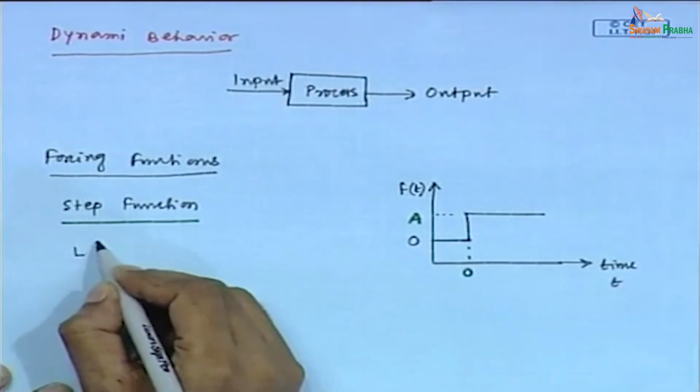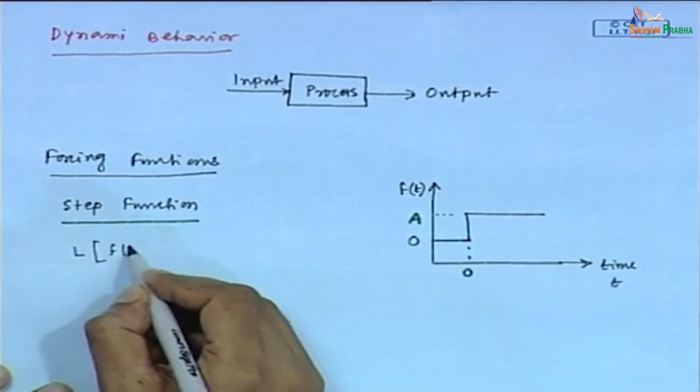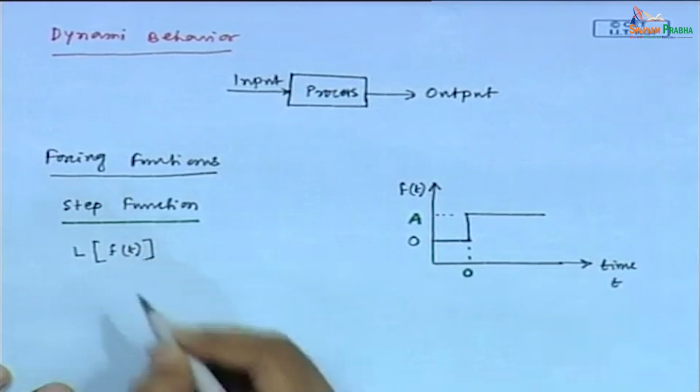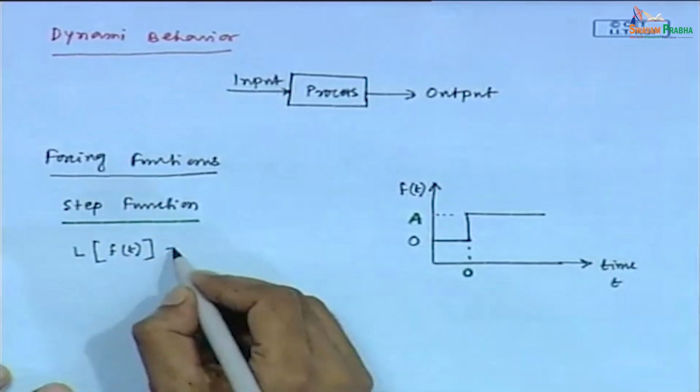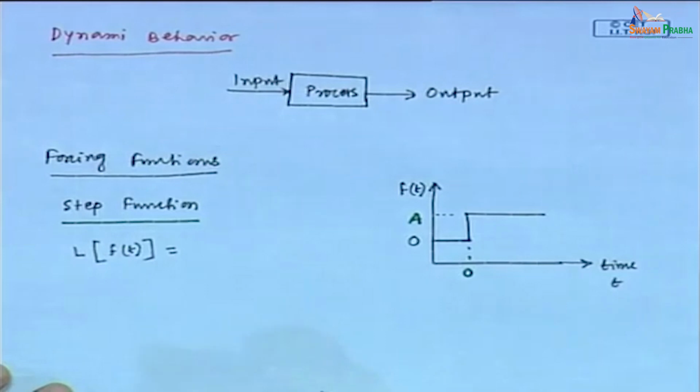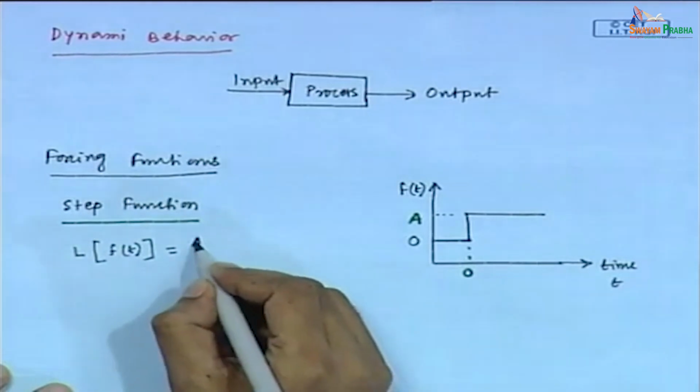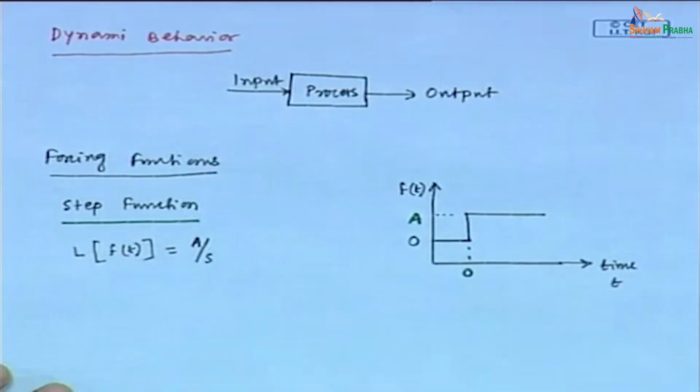So, if we write the Laplace transform of this function f t, what will be the Laplace transform of this? A by s. So, the Laplace transform of a step function is a by s, where a is the magnitude of that step function. Fine.